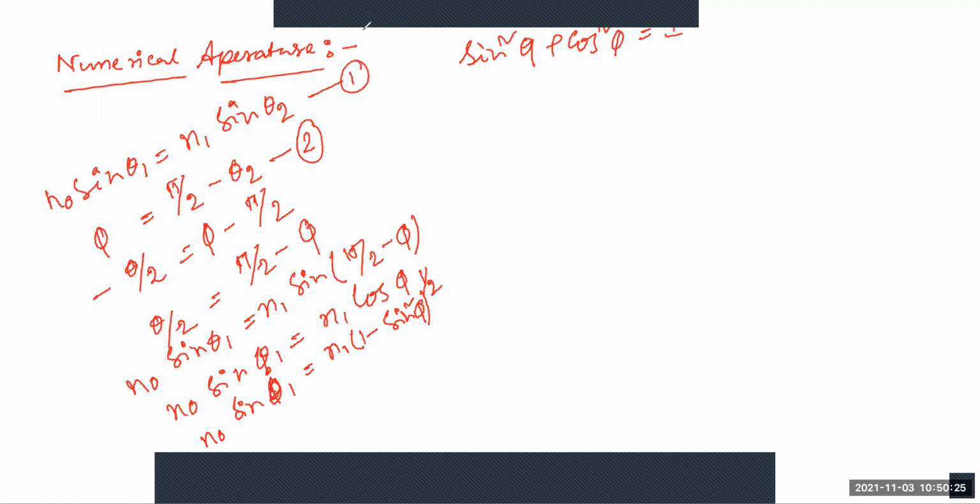So next, cos phi. This is equation number 3, and this is equation number 4. 1, 2, 3, and 4.